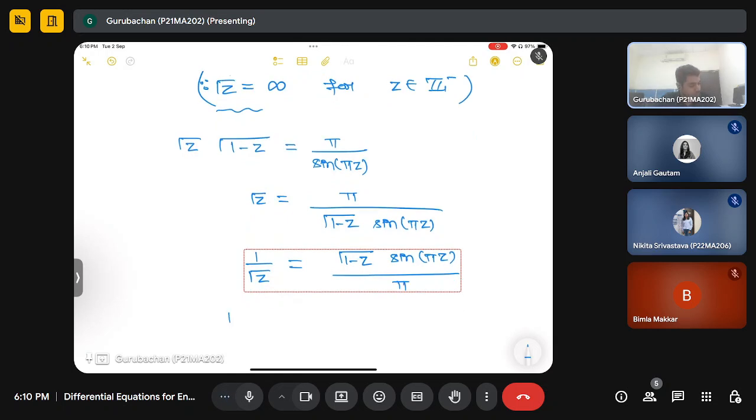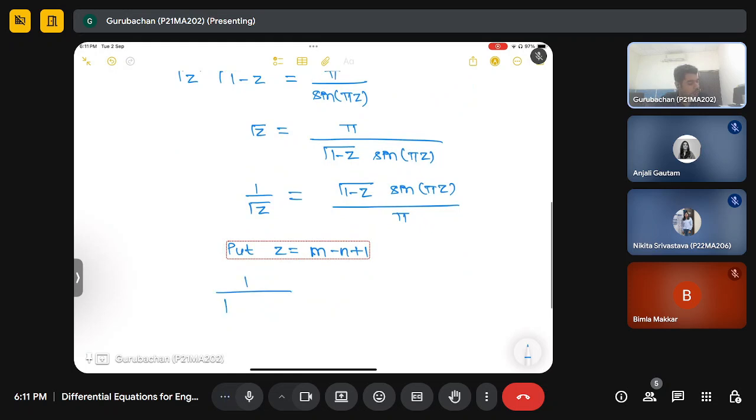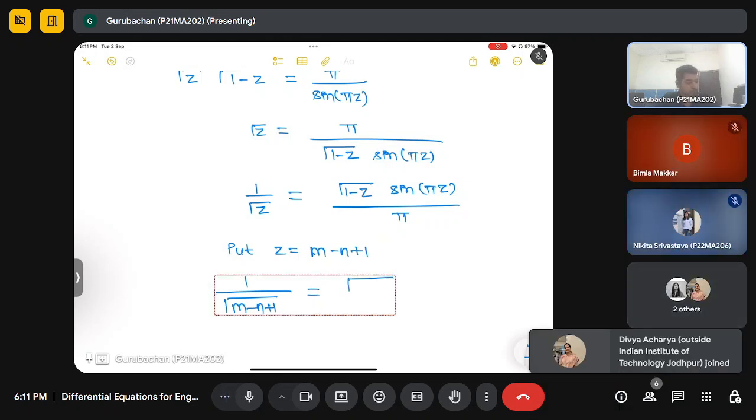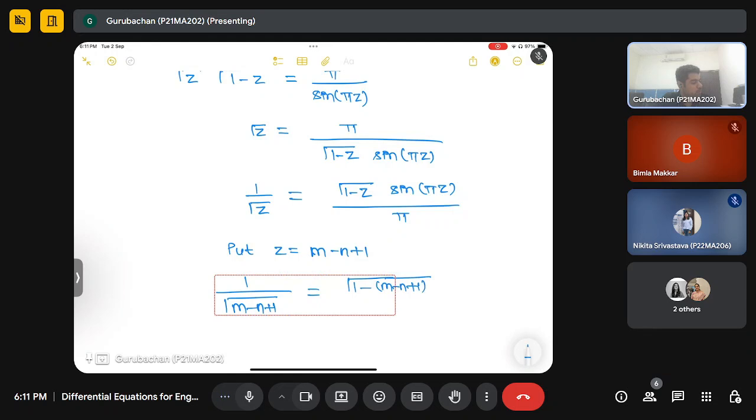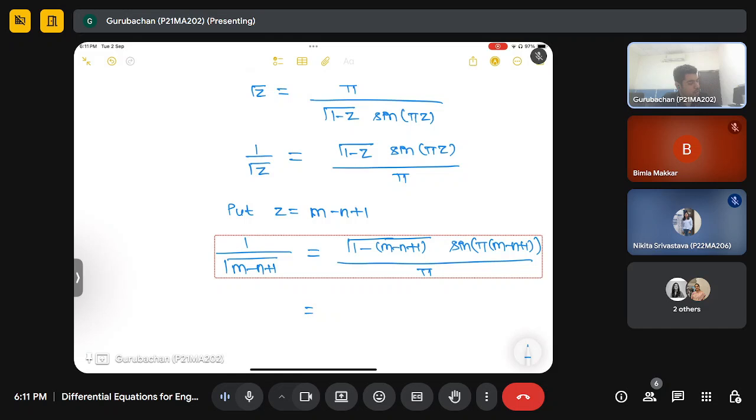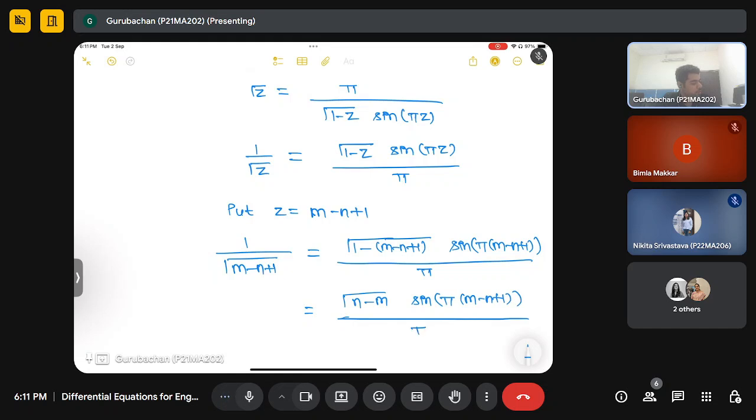Now put z equal to m minus n plus 1. With the help of this z, we get 1 by gamma of m minus n plus 1 equal to gamma of n minus m times sine pi times m minus n plus 1 divided by pi.